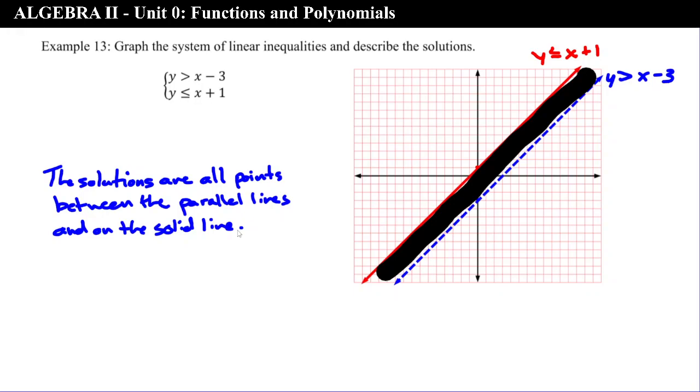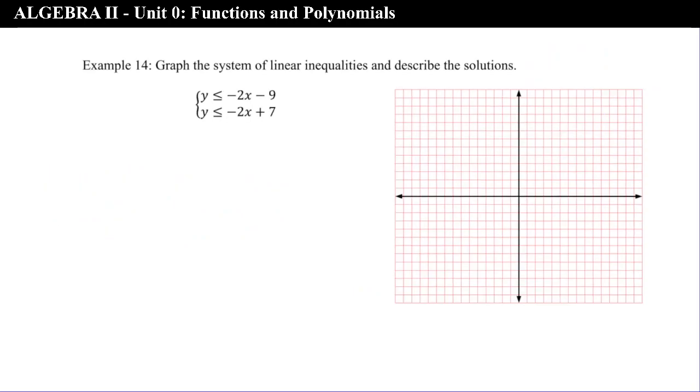Okay, let's do one final example to wrap this up. Graph the system of linear inequalities and describe the solutions. Like before, we're going to start off by graphing our lines. Our first inequality is y is less than or equal to negative 2x minus 9.